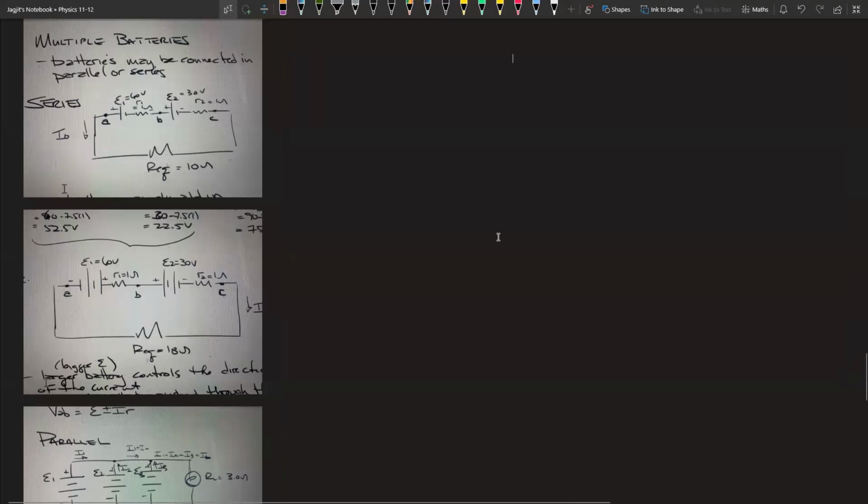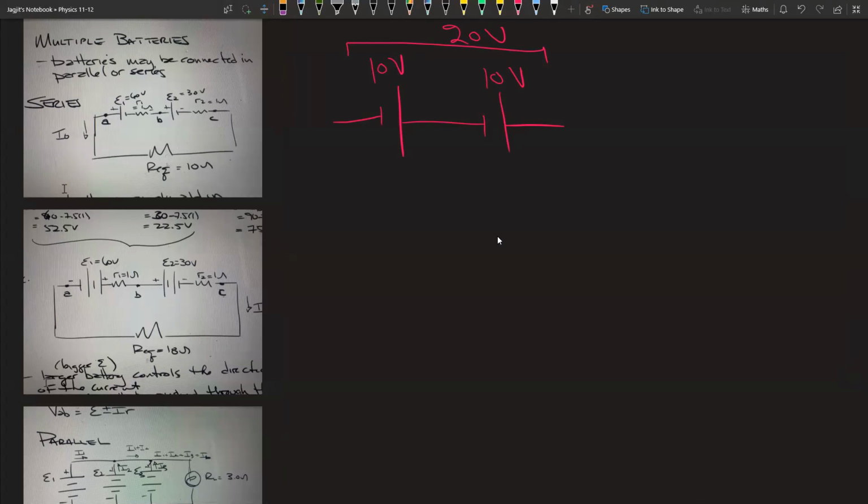Okay, so let me recap that. Whenever you have batteries where the positive terminal of the first one is connected to the negative terminal of the next, then you can think of these batteries as being in series. So if this was 10 volts and this was 10 volts, in total now these batteries are giving you 20 volts. But you have to make sure that the positive is connected to the negative.